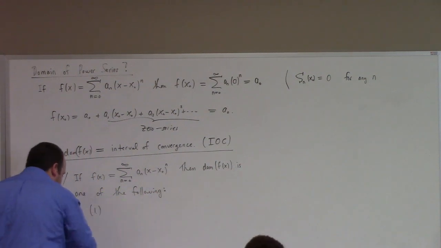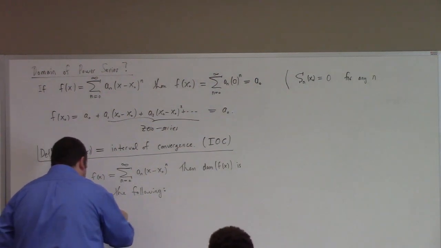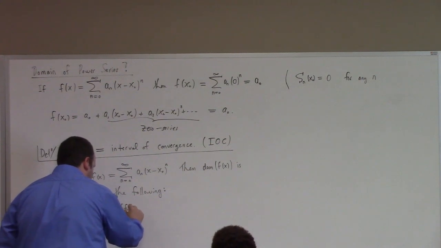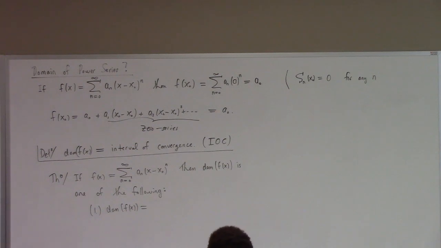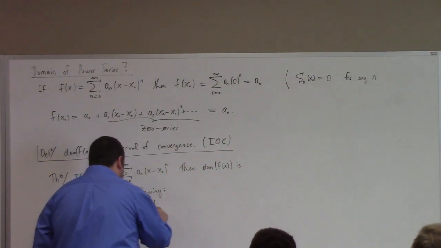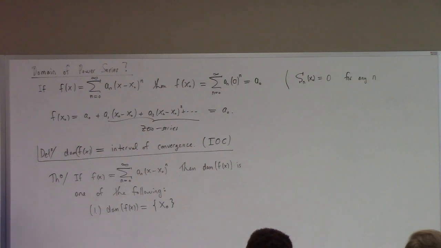So one case, it could just be that your power series has domain which has one point which is always included, right? Because a naught's just a number, right? So it could just be the singleton, the set containing the one point, the center of the series. There's always at least one point in the domain of a power series, provided that the coefficients a sub n are well defined.